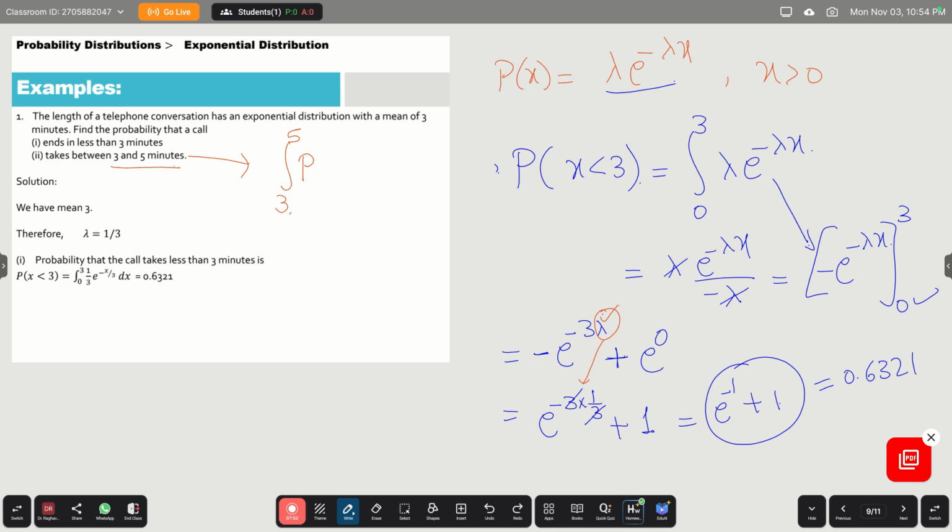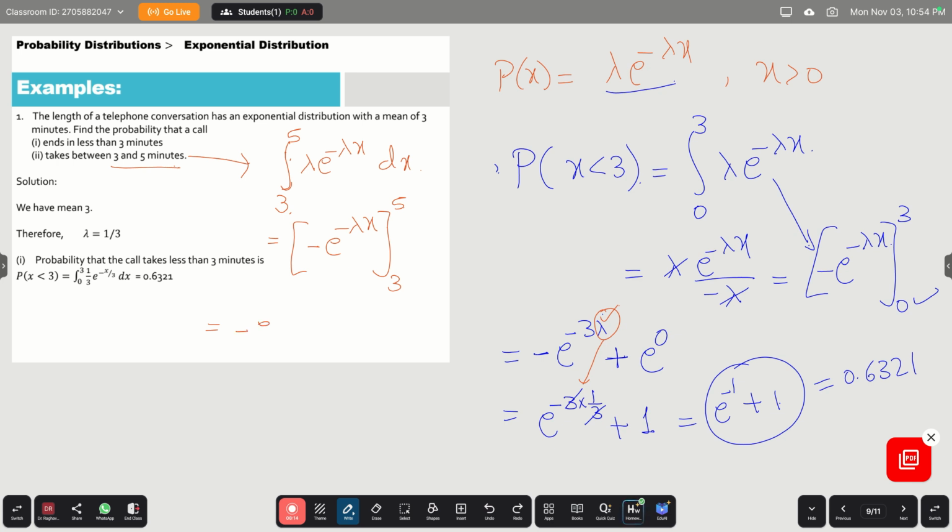I am integrating the probability function, which is lambda e power minus lambda x, and as I have already discussed, this integration is going to be minus e power minus lambda x, and the limit is from 3 to 5.